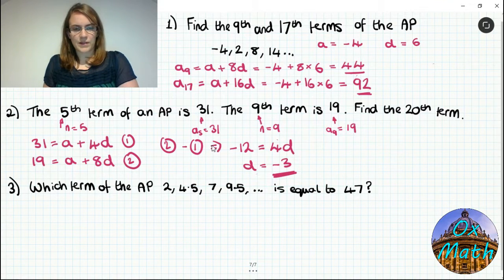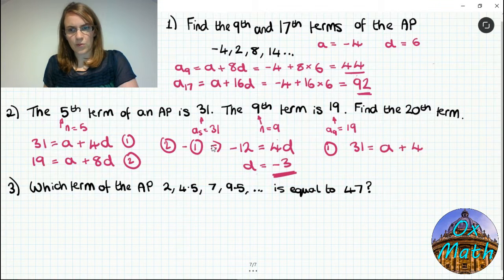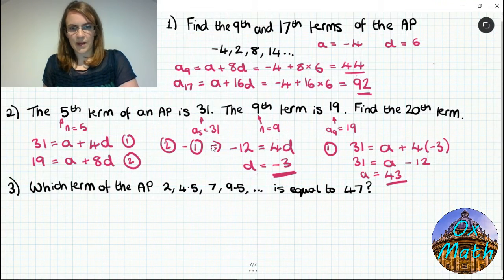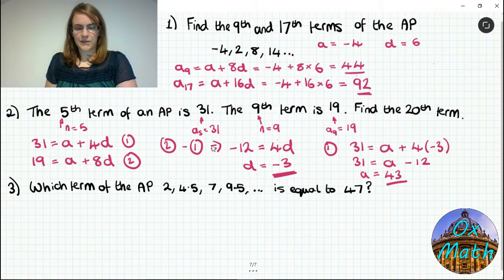So if we know that our difference each time is minus 3, we can go back to equation 1 and say that 31 is equal to our first term plus 4 lots of minus 3. So 31 is equal to a minus 12. So a is equal to 43. So now we've got our first term and our common difference, we could actually work out any term in the sequence.